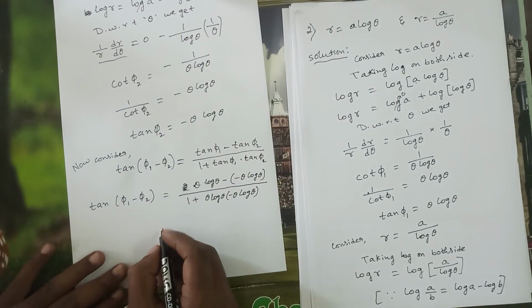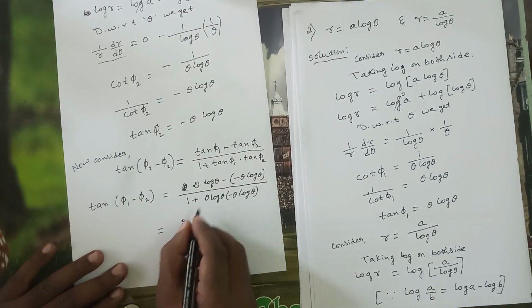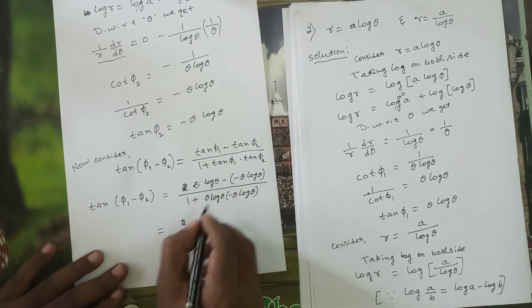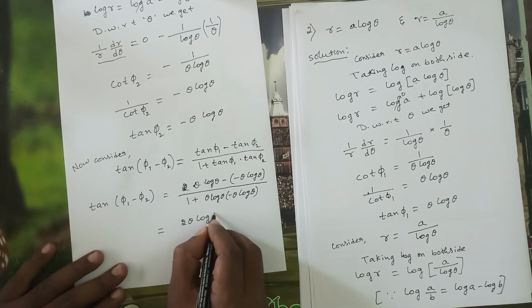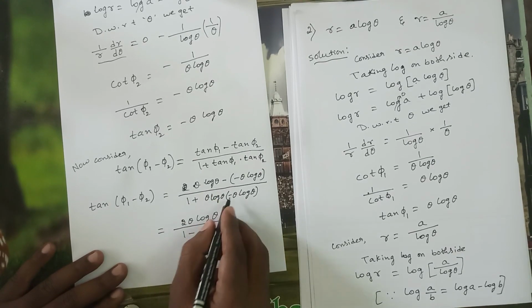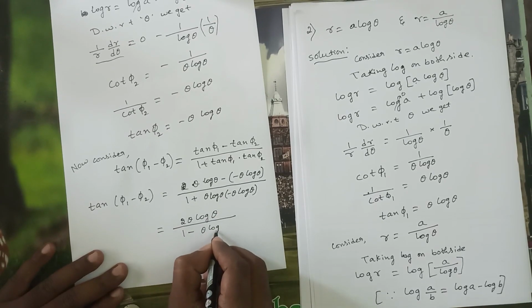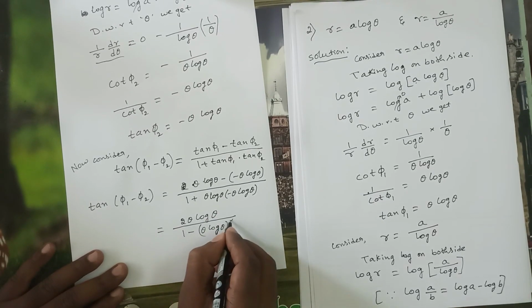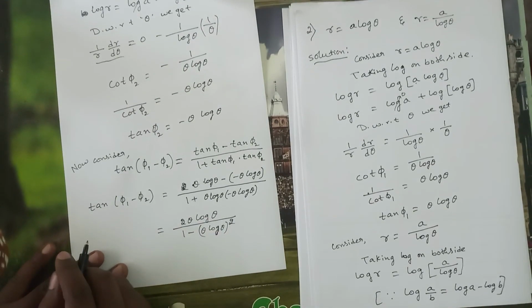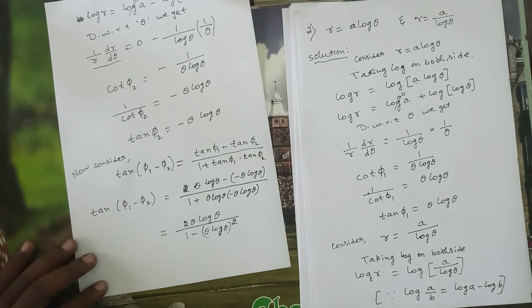If you simplify this, minus into minus gives plus, so we get 2 theta into log theta whole divided by 1 minus theta into log theta whole squared. Now we have to solve for the theta value.